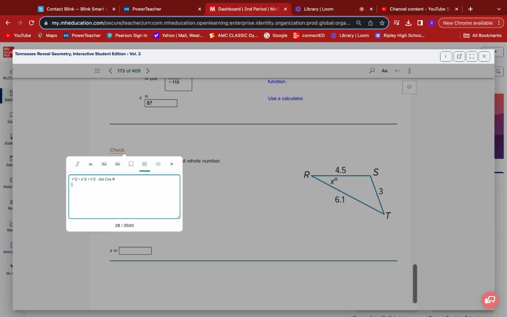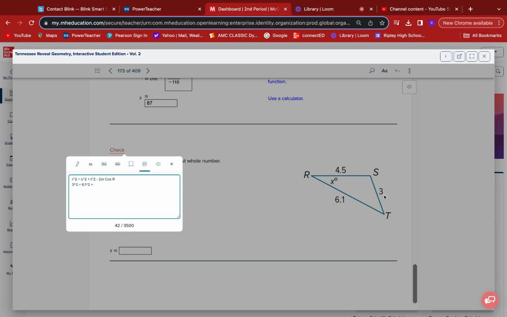If you're wondering, for Miss Eccles, it's not an A, B, or C. What do I do? All right, so you're going to do R squared equals S squared plus T squared minus 2ST cosine of R. Okay, filling in, I have little r because R side is across from angle R, so it's going to be 3 squared. All right, filling in for S, across from angle S is 6.1 squared.